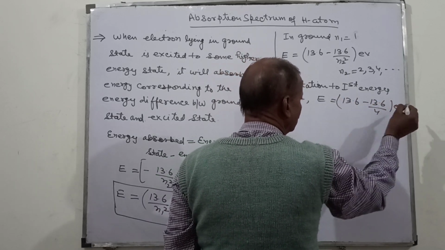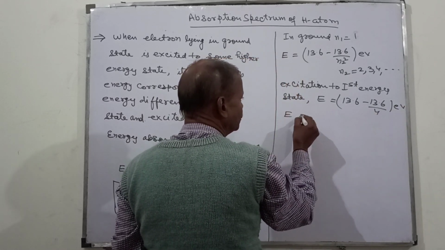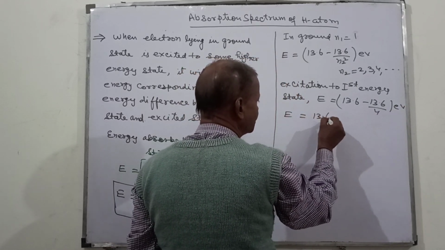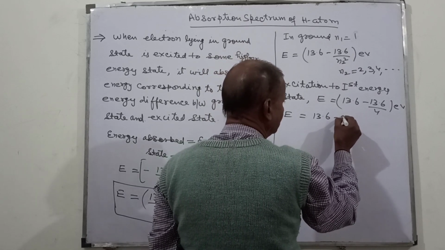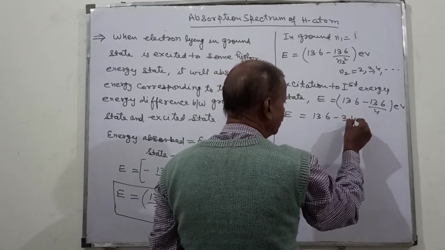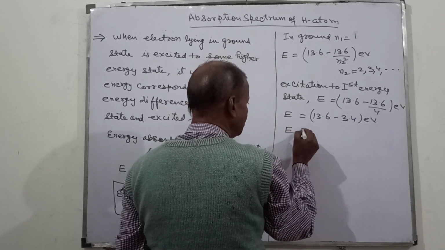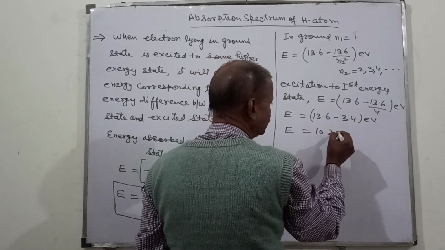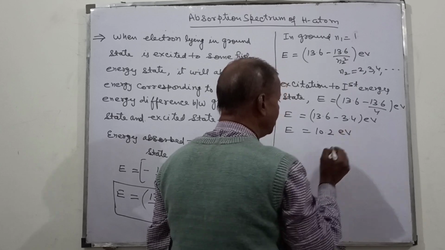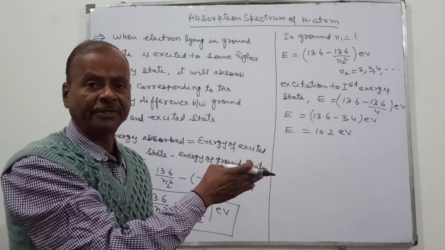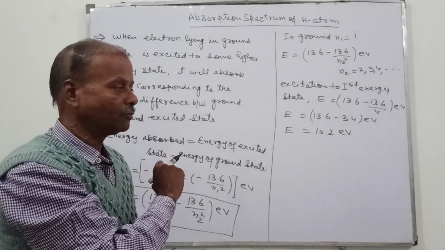So this is 13.6 minus 3.4, and E is equal to 10.2 electron volt. It means that so much energy will be absorbed by the electron.